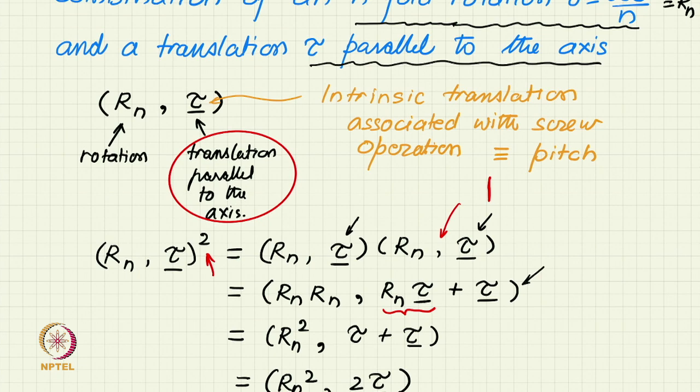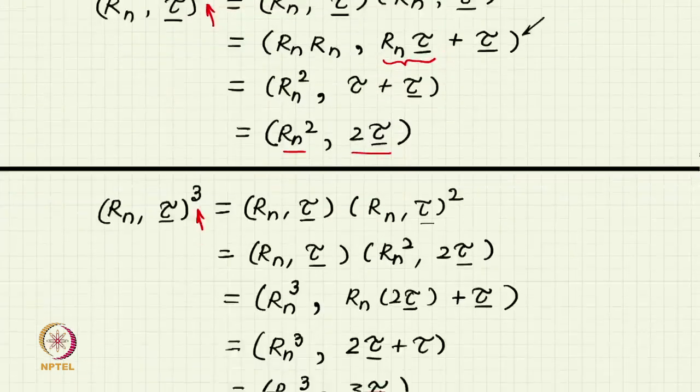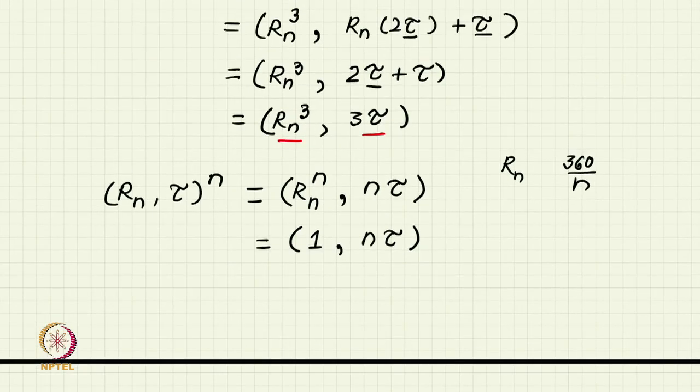So, this tau is either pitch or the intrinsic translation. So, applying the screw motion n times results in a pure translation, which is n times the pitch, n into tau.